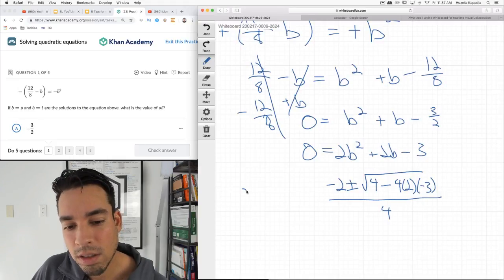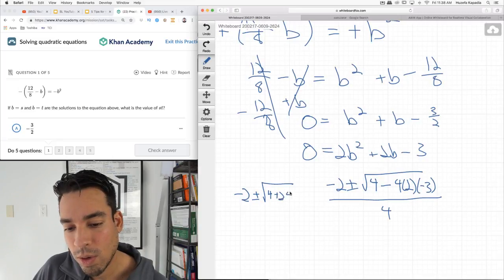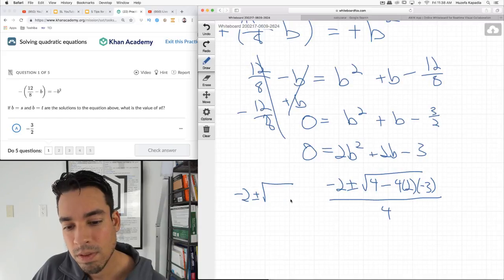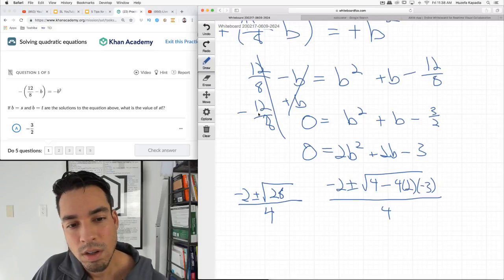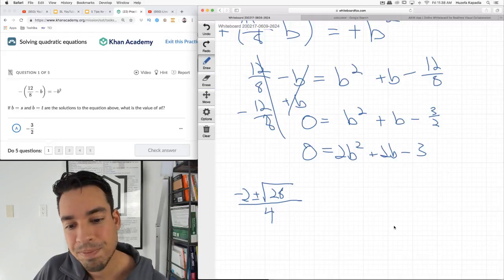So we got negative 2 plus or minus the square root of 4. This becomes negative, negative, positive, so 4 plus 24, which is 28, over 4. We can pull a 4 out of that 28.